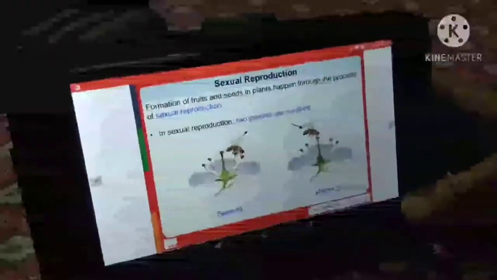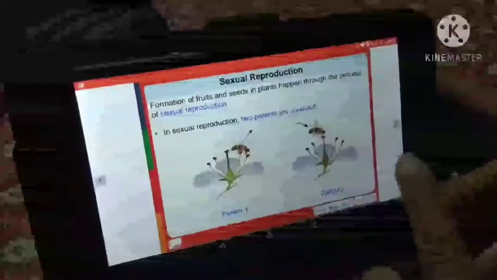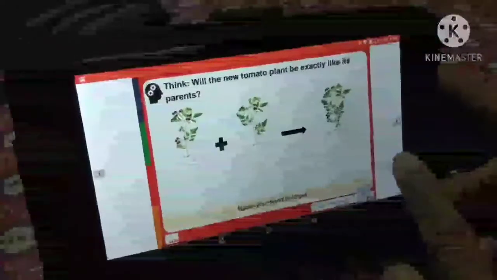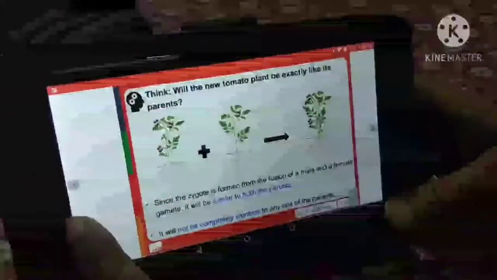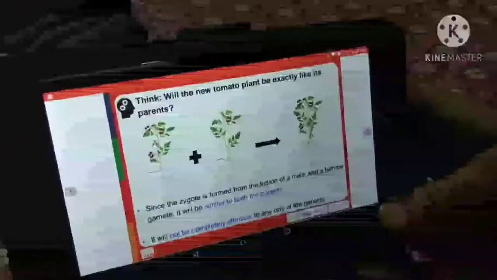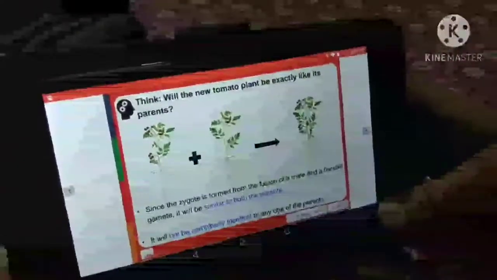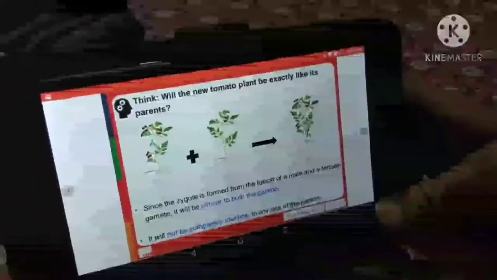Formation of fruits and seeds in plants happen through the process of sexual reproduction. In sexual reproduction, two parents are involved. Since the zygote is formed from the fusion of male and female gamete, it will be similar to both the parents. It will not be completely identical to any of the parents.